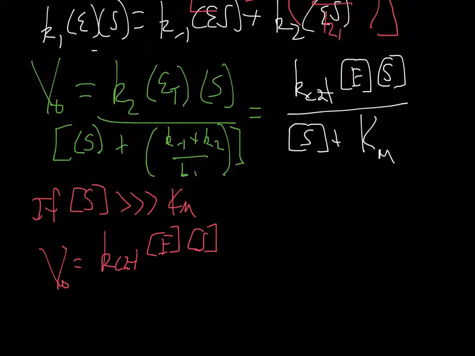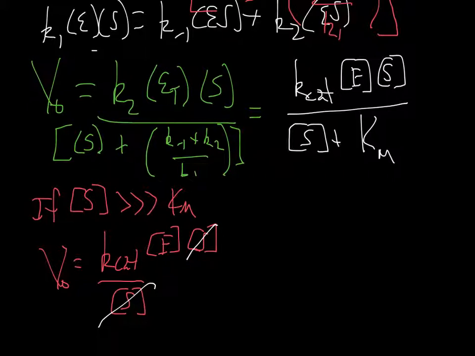But what does the bottom start to look like? If S starts getting bigger and bigger and bigger, to where, if you think about, let's say that S, I'm going to make up a number, is 1,000,000 and Km is 1. There's really not a big difference between 1,000,000 and 1 and 1,000,000. So as that limit, as S approaches infinity, what does that bottom start to look like? Just S. Well, we have an S now on the bottom and an S on the top, and they cancel out.